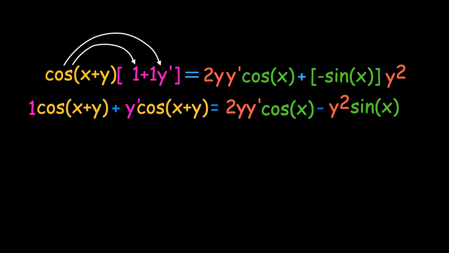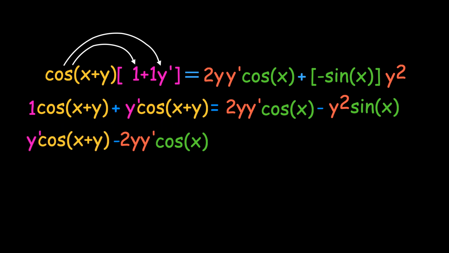Now, the next step is we need to transfer 2y, y prime cosine of angle x to the left side of the equation since it is on the right. By doing that, the sign will become negative. And then, y prime cosine of angle x plus y will remain on the left side of the equation.